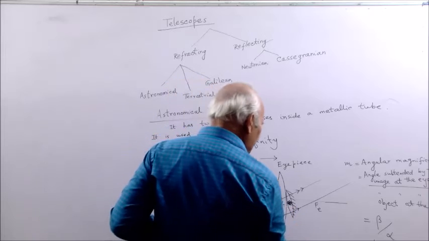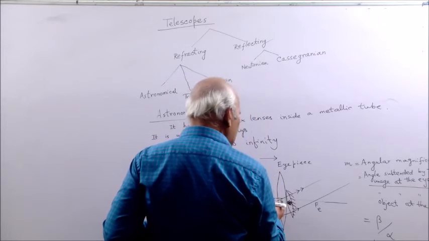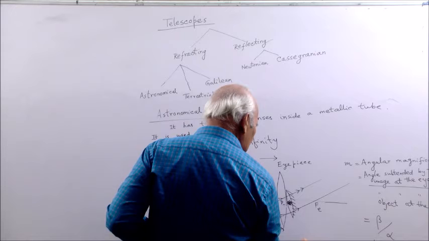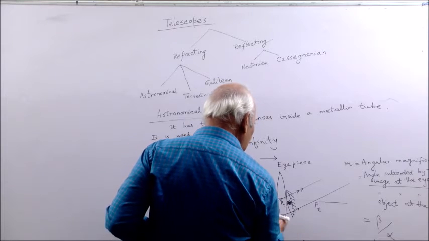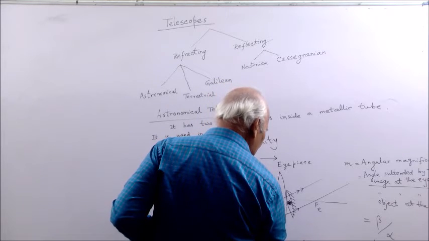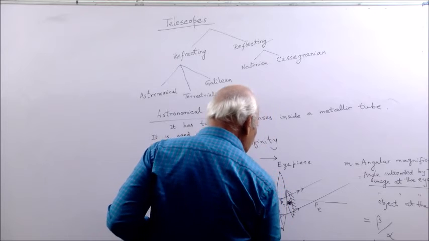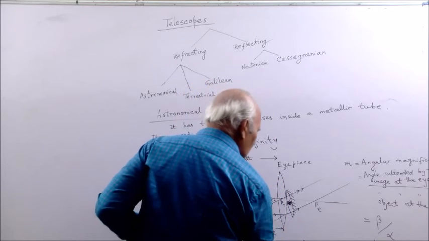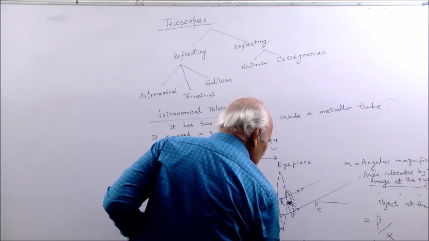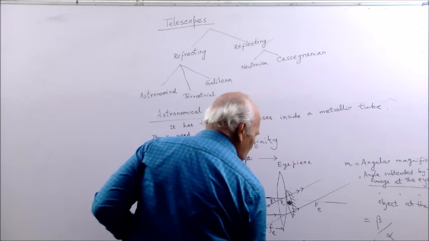From the diagram, tan beta is AB by FE, divided by tan alpha, which is AB by FO.